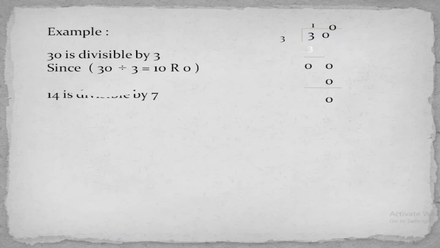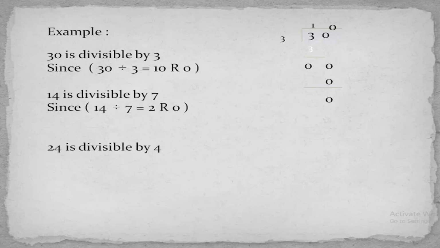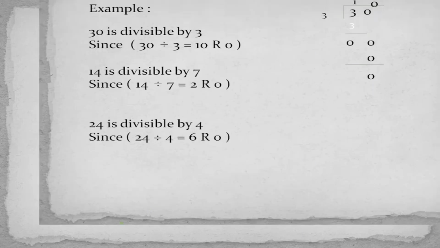Similarly, is 14 divisible by 7? Yes. If we divide 14 by 7, the quotient is 2 and the remainder 0, which means that 14 is divisible by 7. Another example: is 24 divisible by 4? Yes, since 24 divided by 4 equals 6 and the remainder 0.